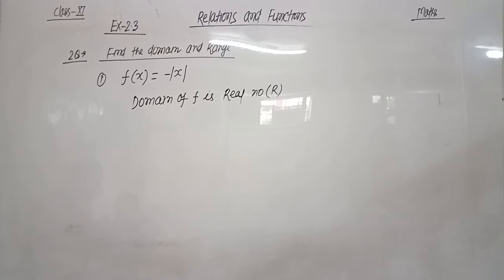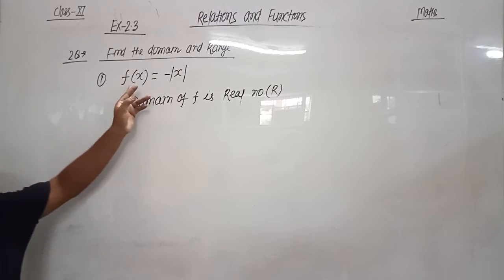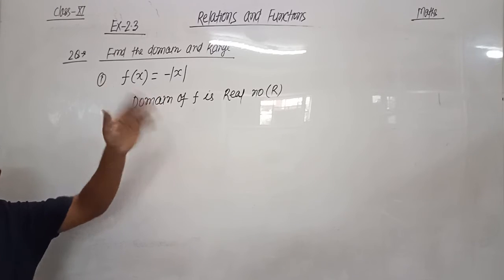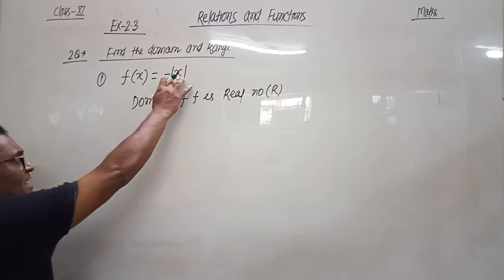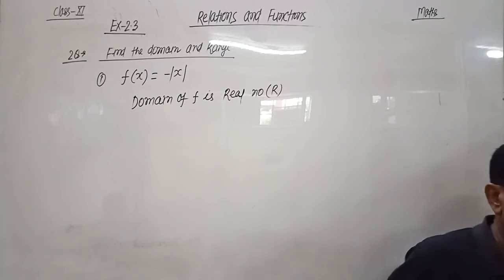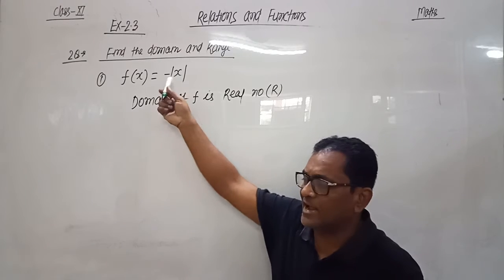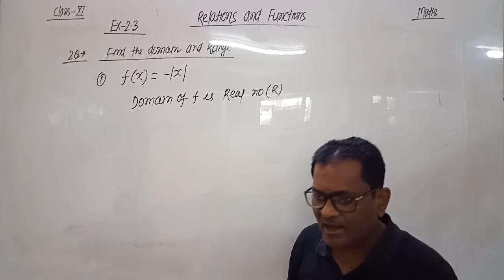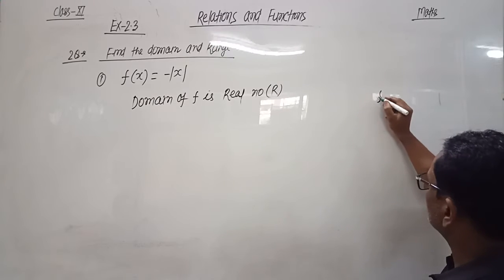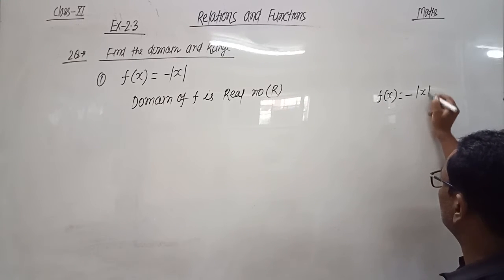Now about range. Range means what we get, the value of f(x). So when we take any real number, whether it is positive or negative, we always get a negative value. How? Let us see. We have given f(x) equals minus of mod x.